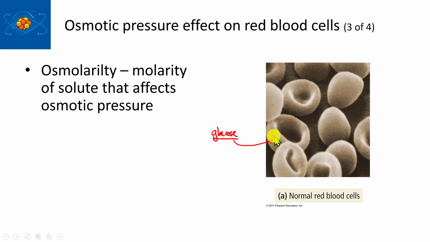On the other hand, for an ion on the outside that doesn't penetrate the cell wall, if it's isoosmotic, it's also isotonic. But glucose goes inside the cell membrane, so you have to be a little bit careful.